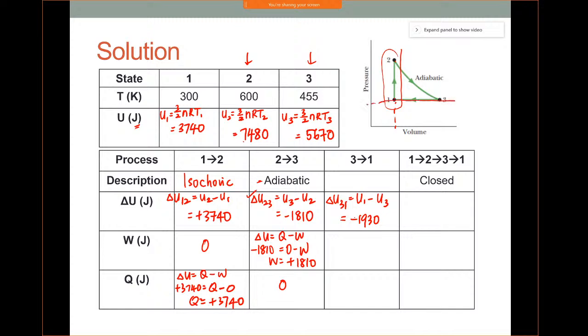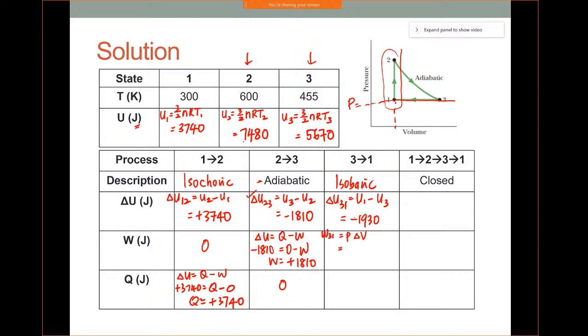is an isobaric process because the pressure remains constant. So in order to find the work done, it is equal to P times change in volume. So work done from 3 to 1.